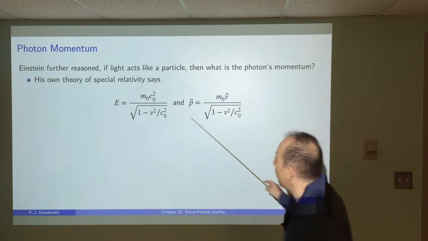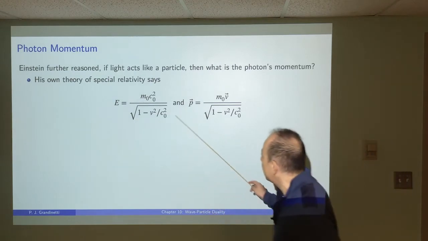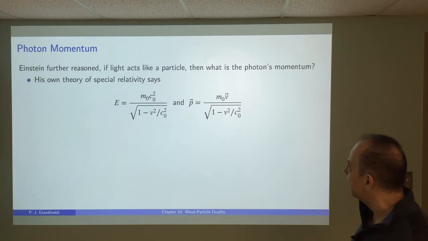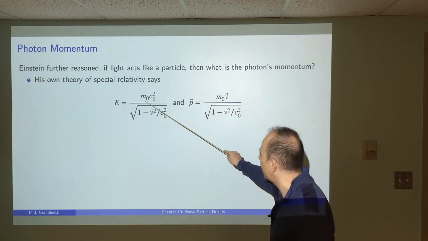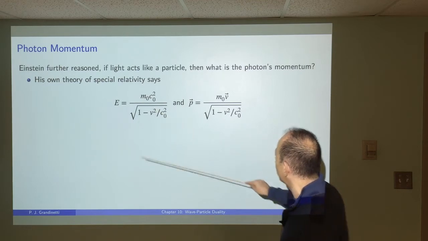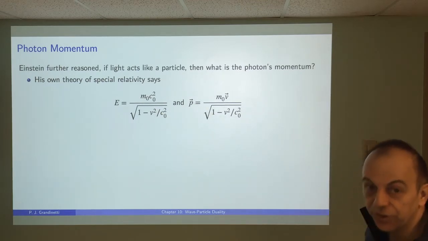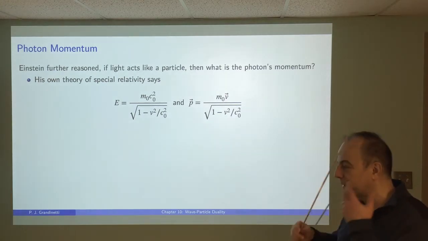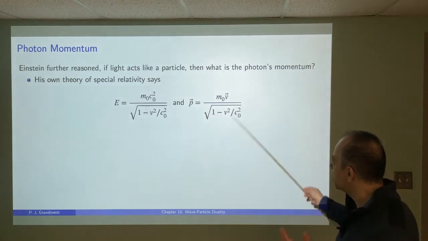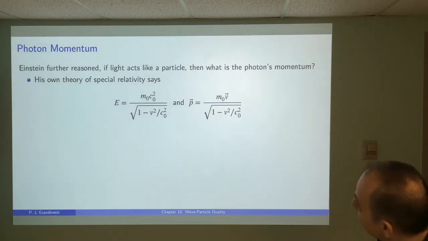Now, he knew from regular particles that were moving close to the speed of light that the energy was given by this expression and the momentum was given by this expression here, where this is the mass of the particle, this is the speed of light, this is the velocity of the particle, and this is the momentum. So these two equations can describe any particle, whether it's an electron or a bowling ball or a rocket ship.